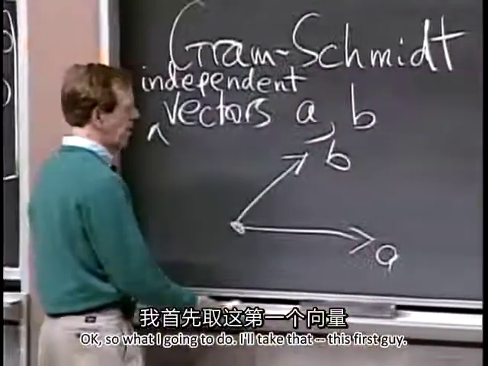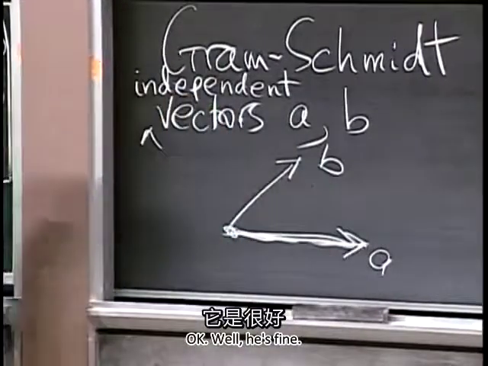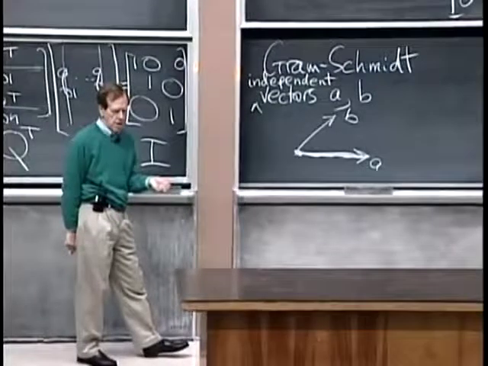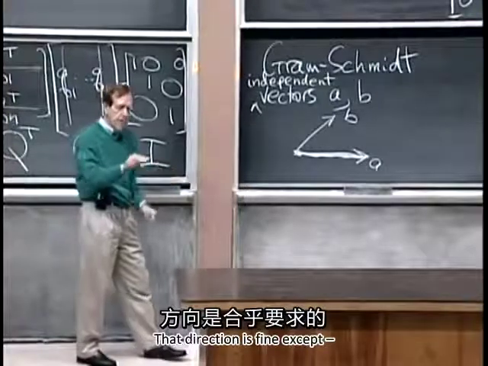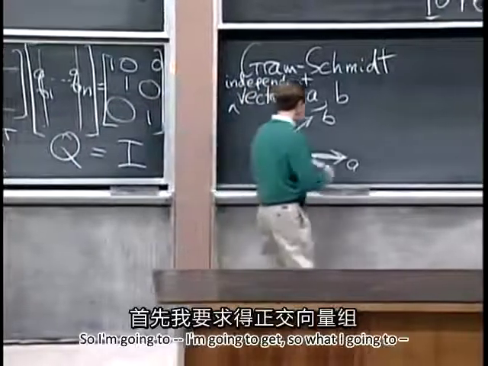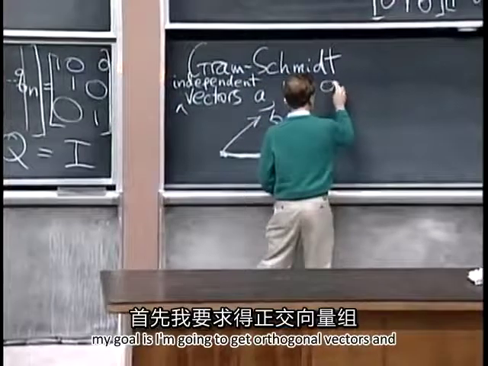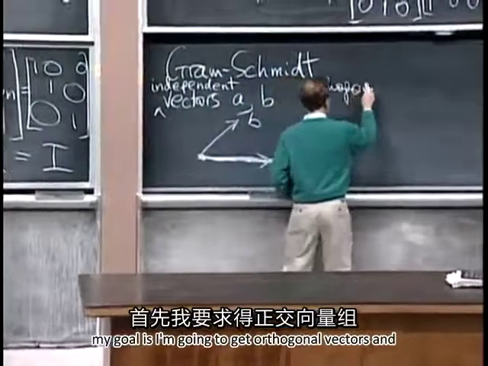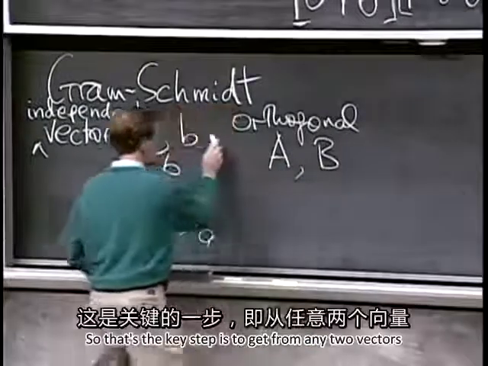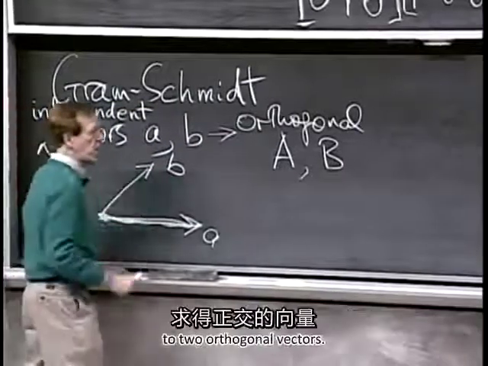Okay, so what am I going to do? I'll take this first guy. Well, he's fine. That direction is fine. I'll settle for that direction. My goal is to get orthogonal vectors, and I'll call those capital A and B. So that's the key step, to get from any two vectors to two orthogonal vectors.